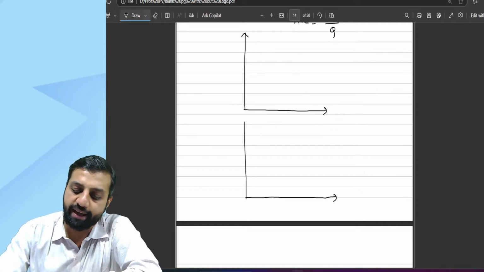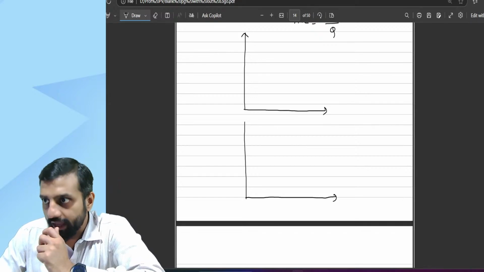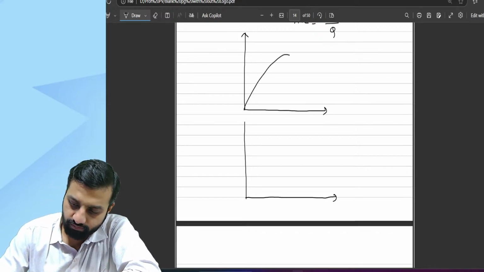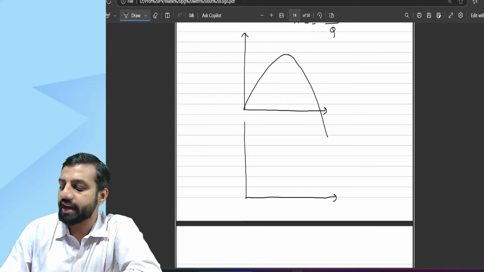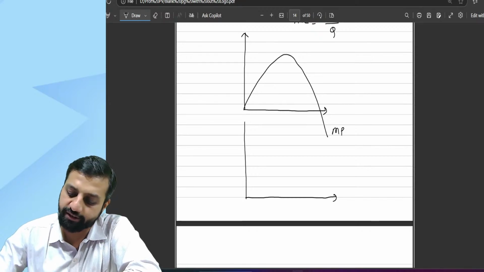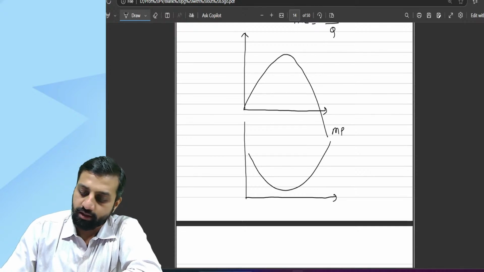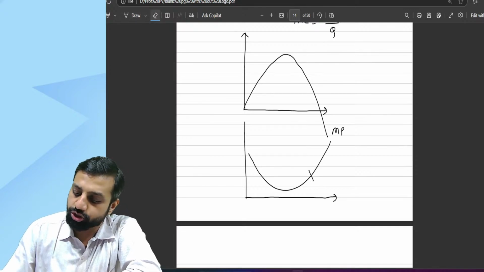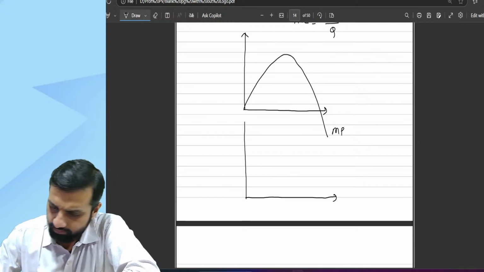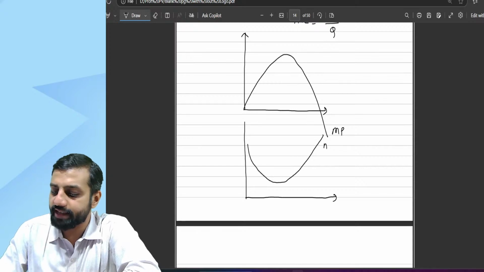So this is my MP curve. First it rises, then it falls and becomes negative. The U-shaped curve is the MC curve.